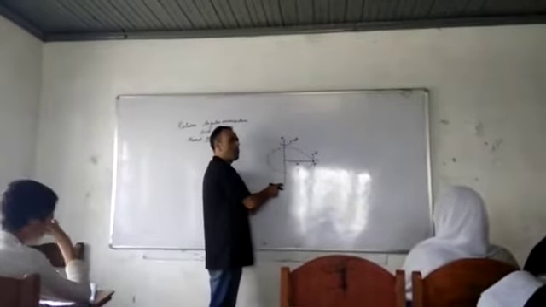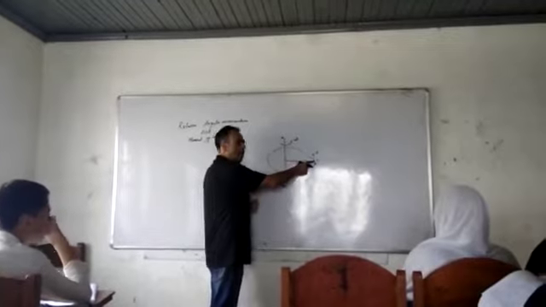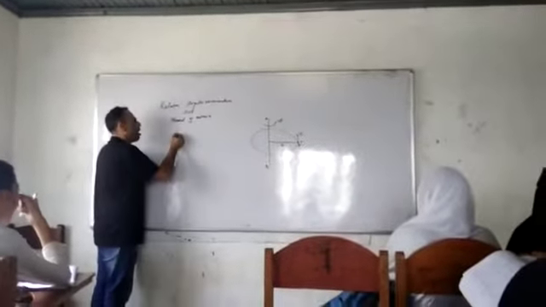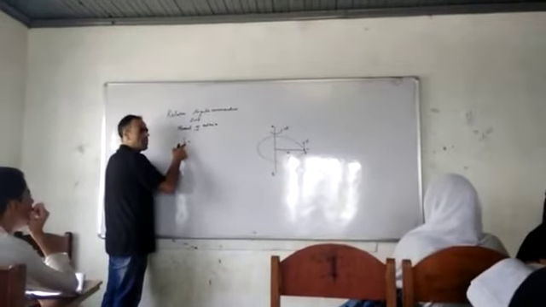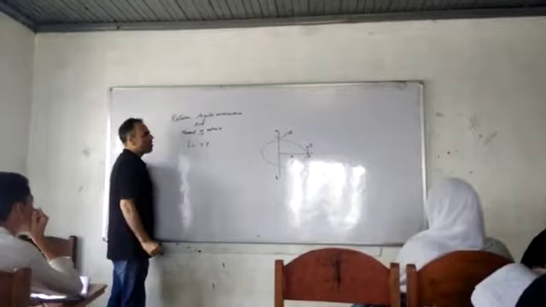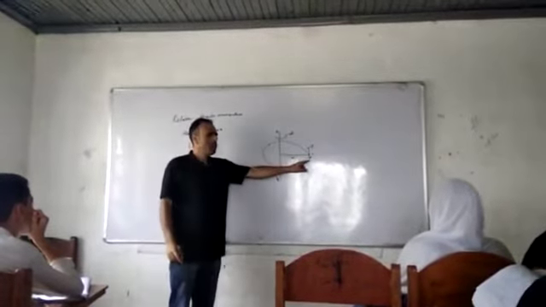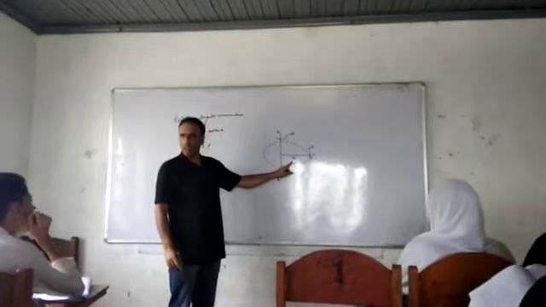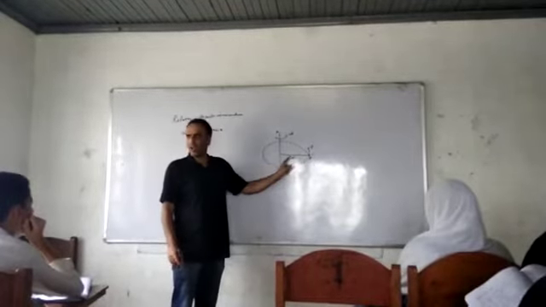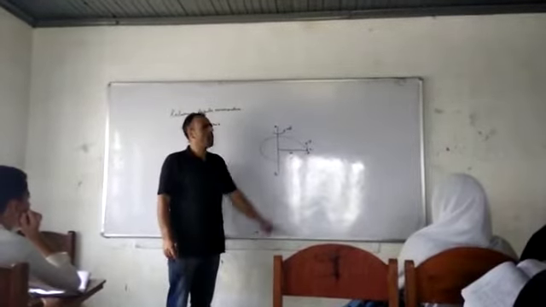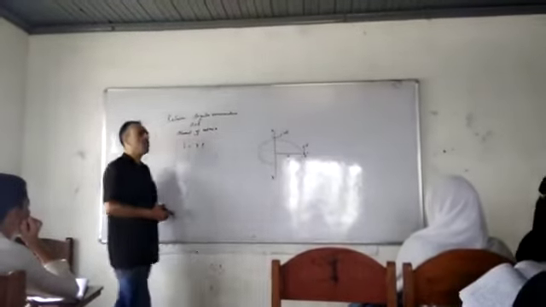Now, the angular momentum of this particle about this axis of rotation is given by L is equal to r into p. That is, the product of linear momentum and the perpendicular distance of the line of action of linear momentum from the axis of rotation.